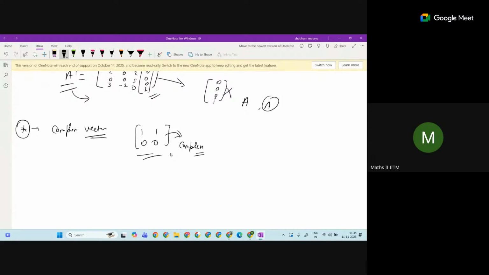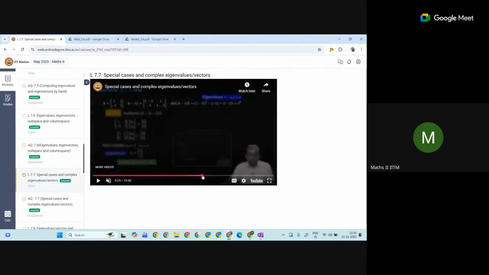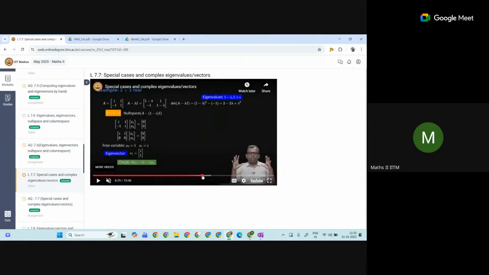So in this lecture the professor is telling the cases. If complex entries are there, there would be complex eigenvalues, but not necessarily, and entries may be real and still have complex eigenvalues, like this one, which has the eigenvalues 1 minus i and 1 plus i.